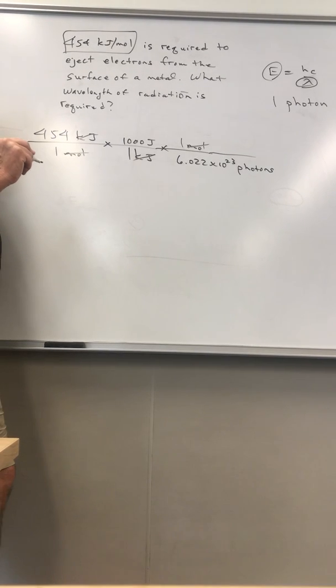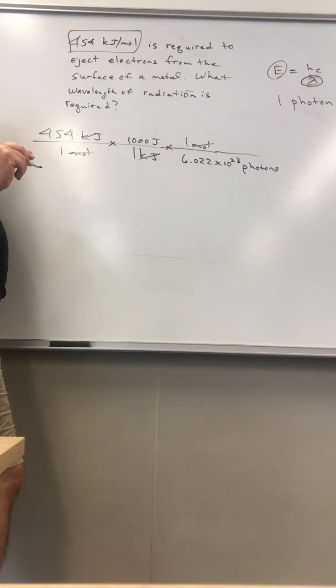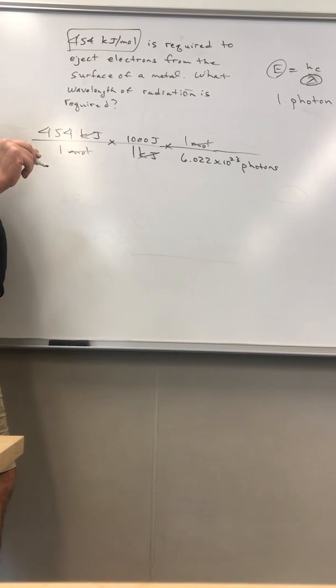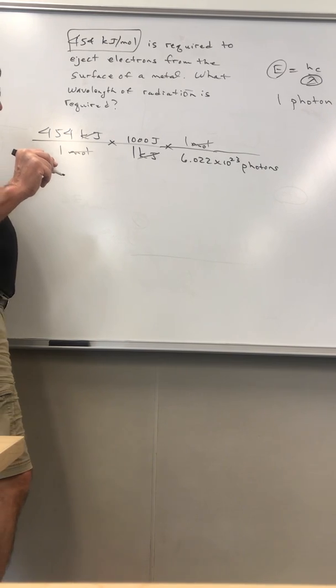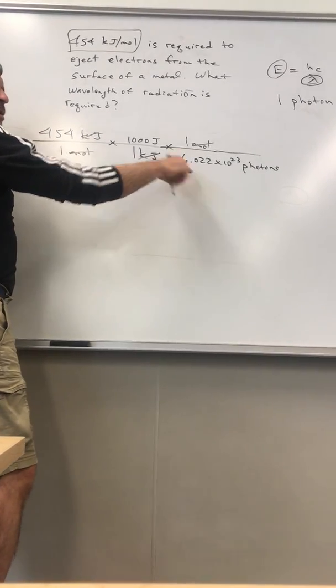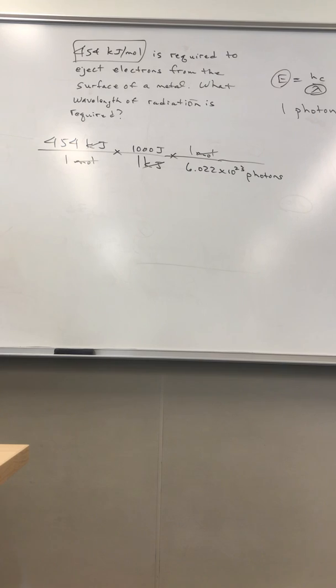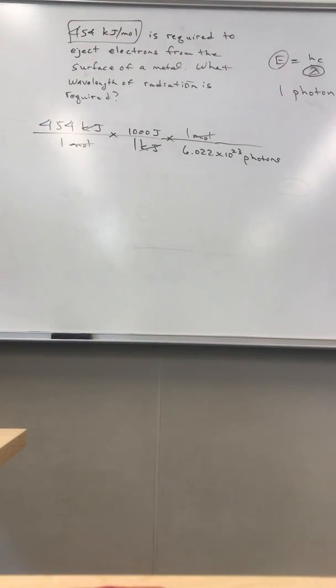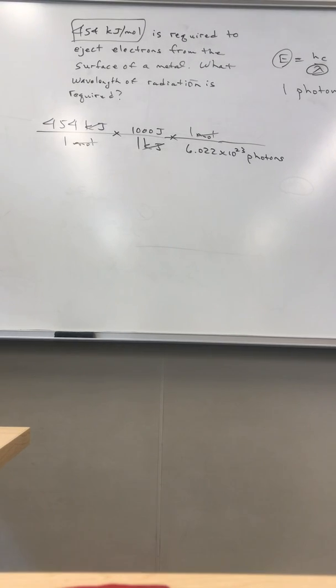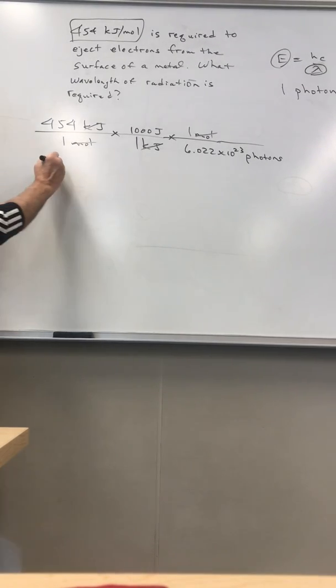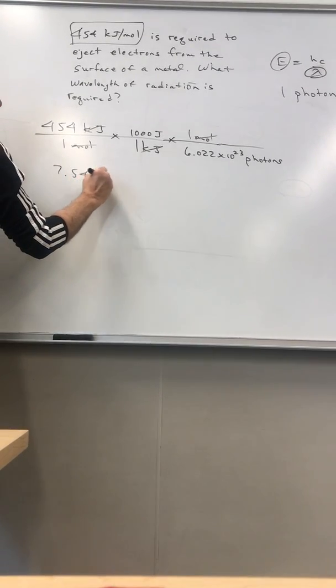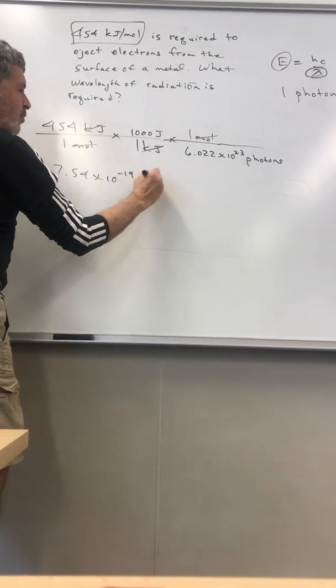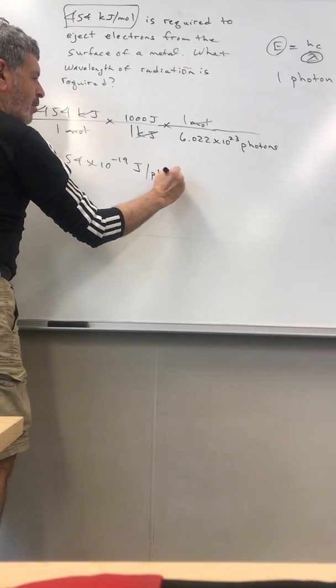I thought it was 7.27? 7.54, put this in parentheses. What did you get? Yeah, he's got it right. 7.54 times 10 to the minus 19 joules per photon.